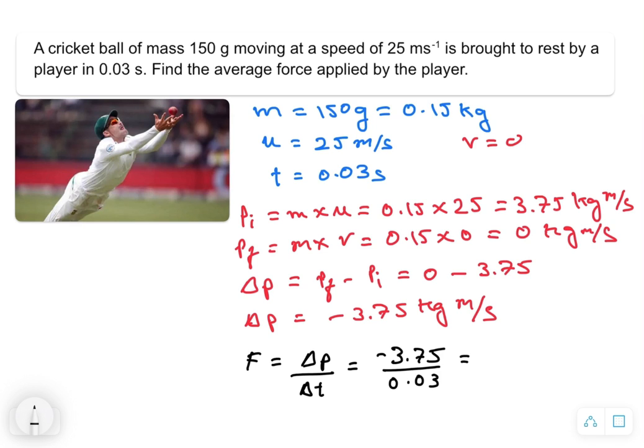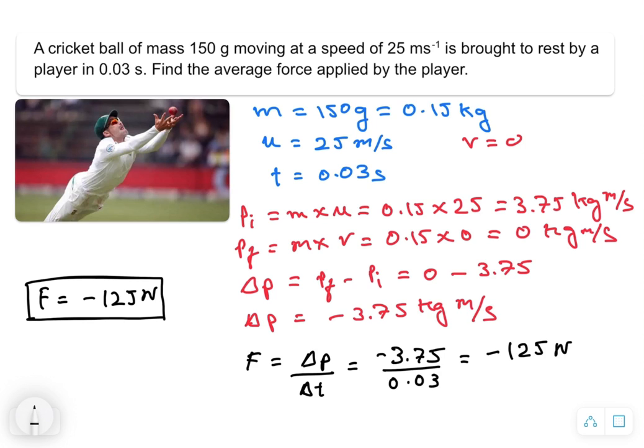So if you do this calculation, you will get this answer: minus 125 newtons. So the average force applied by the player to stop this ball will be minus 125 newtons.